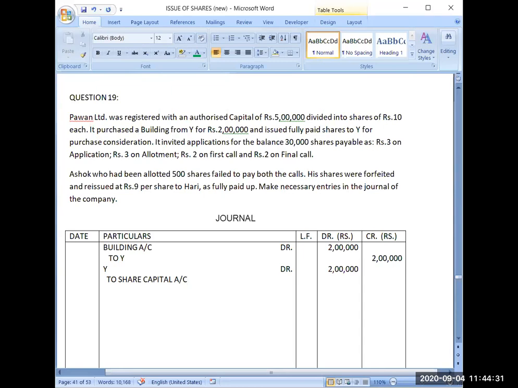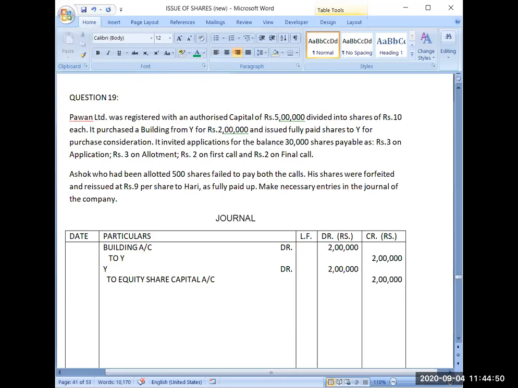Y debit to equity share capital account. We have to write equity share capital account. So it will be also 2 lakh.